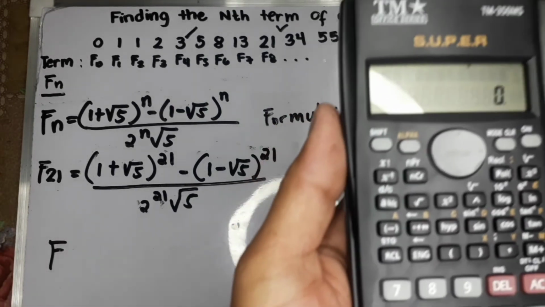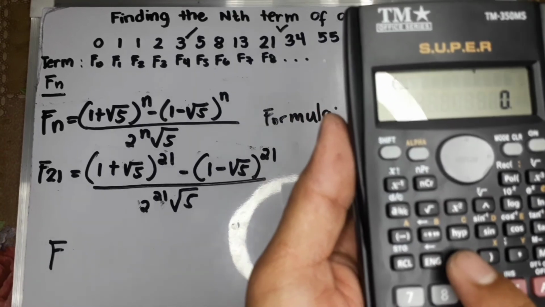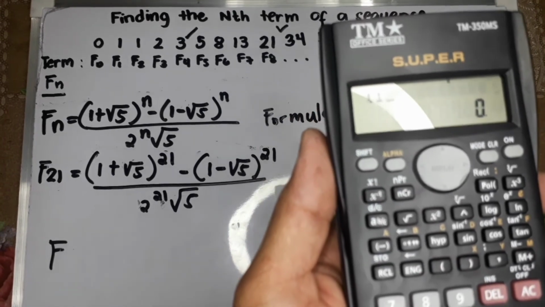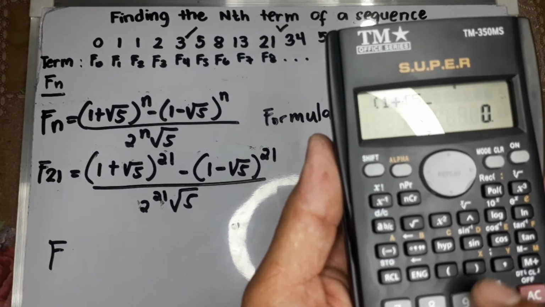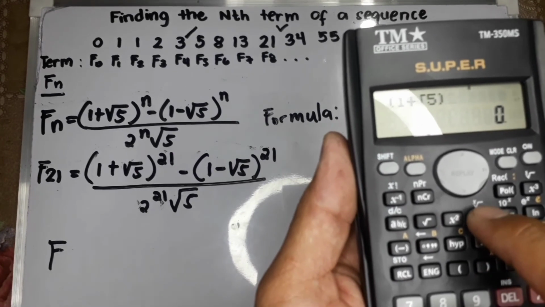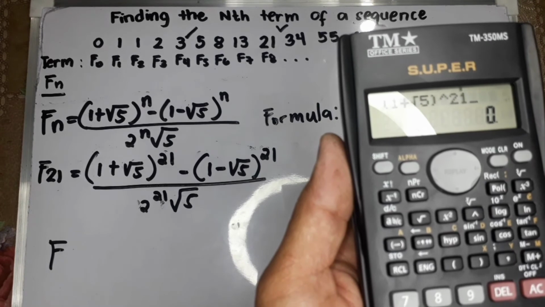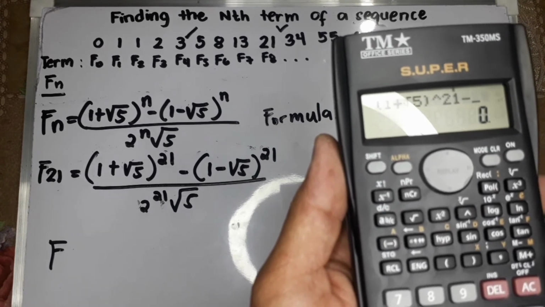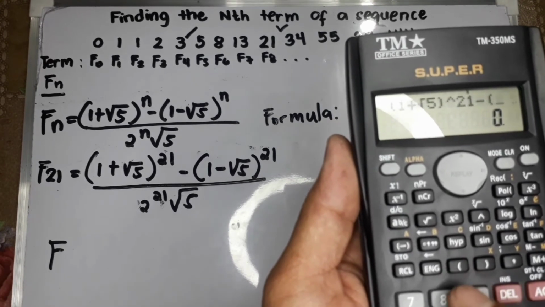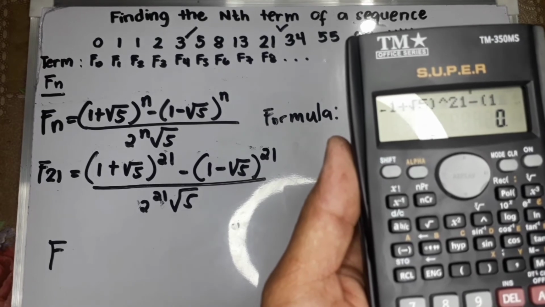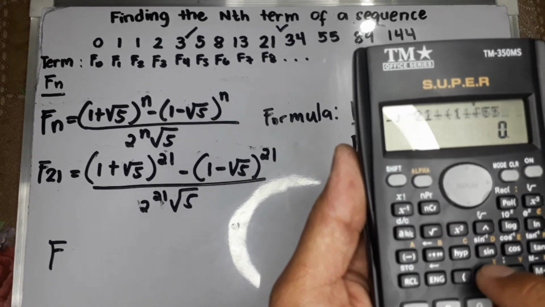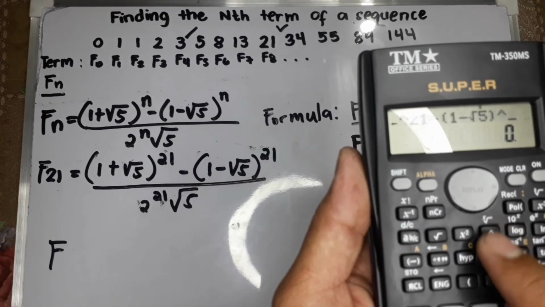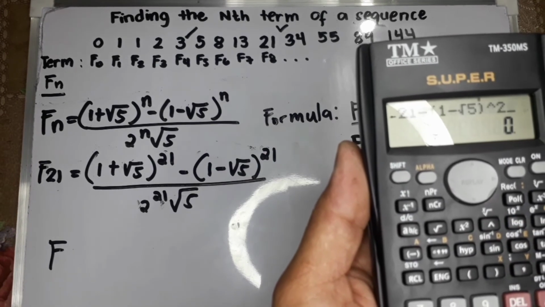So we have (1 plus the square root of 5) raised to the power of 21 minus (1 minus the square root of 5) raised to the power of 21.